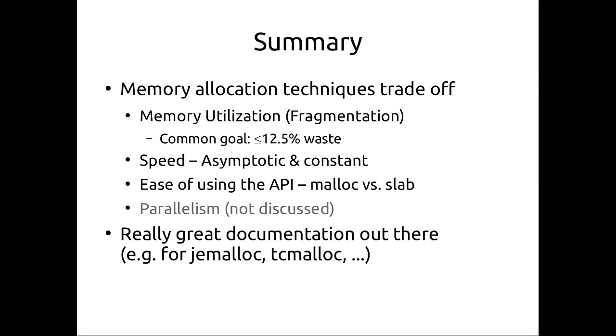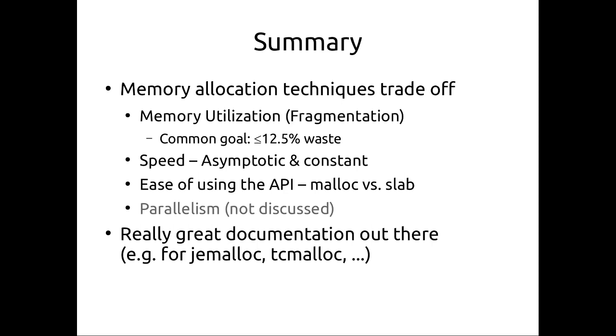But also there's a trade-off, as we've seen now, in the ease of use of the API, or how general the API is. The SlabAllocator is not general, so it is trading off the complexity that you'd have from a general purpose malloc for being able to specialize around a specific size.